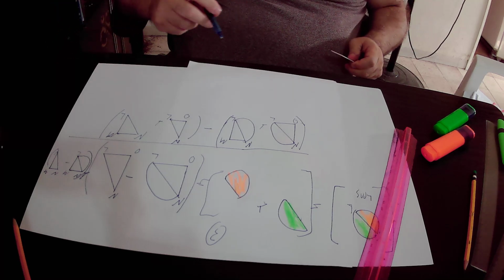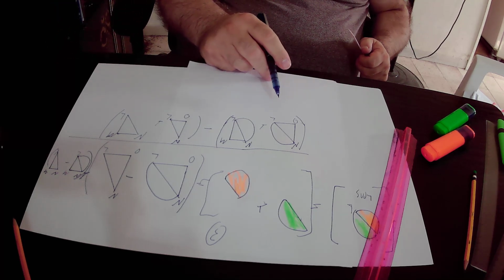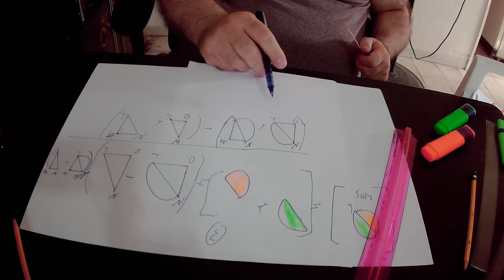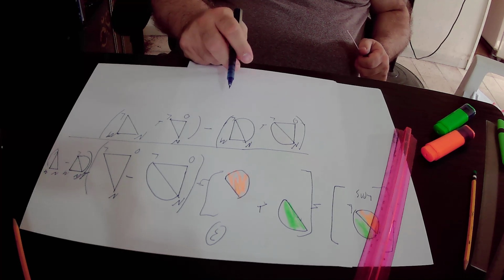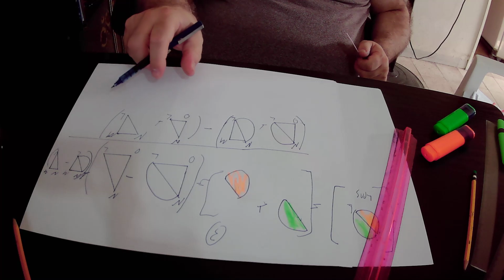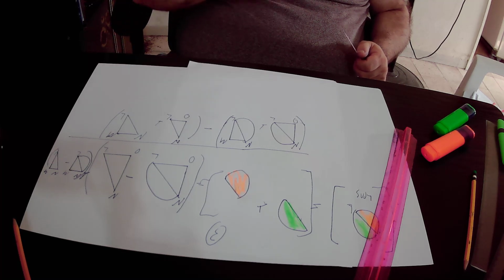We have to add the areas of two sectors together and then subtract from it the sum of the areas of those two triangles.